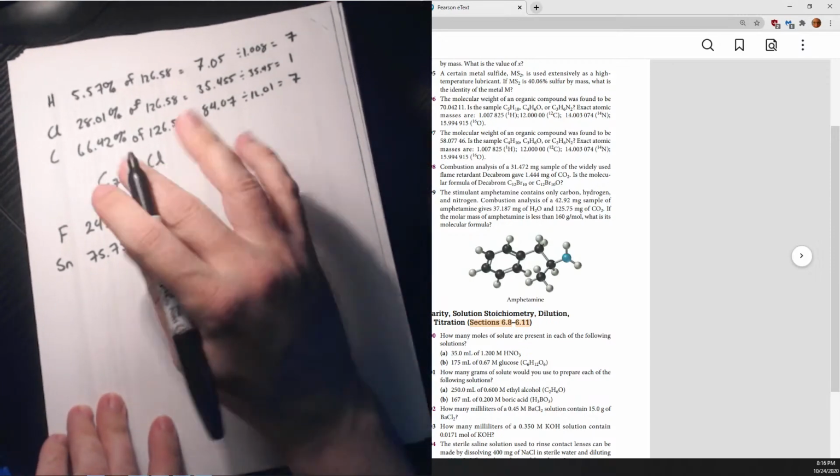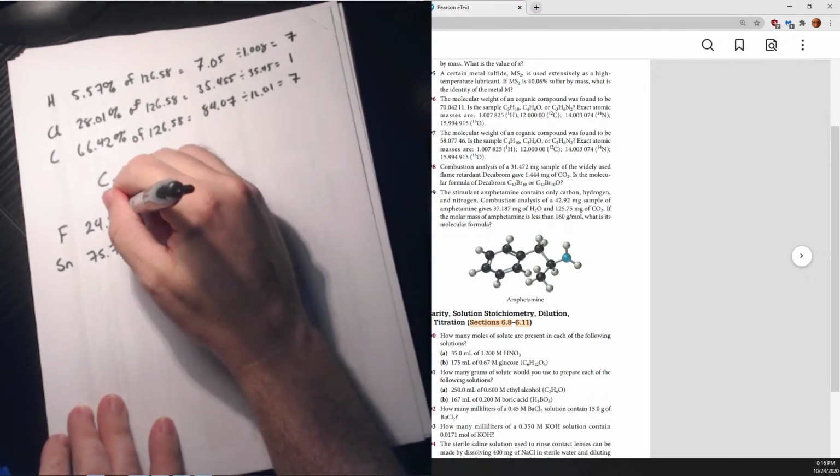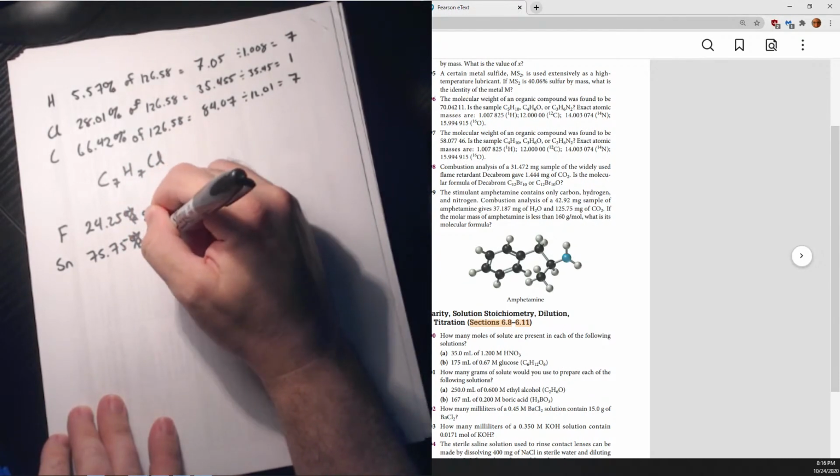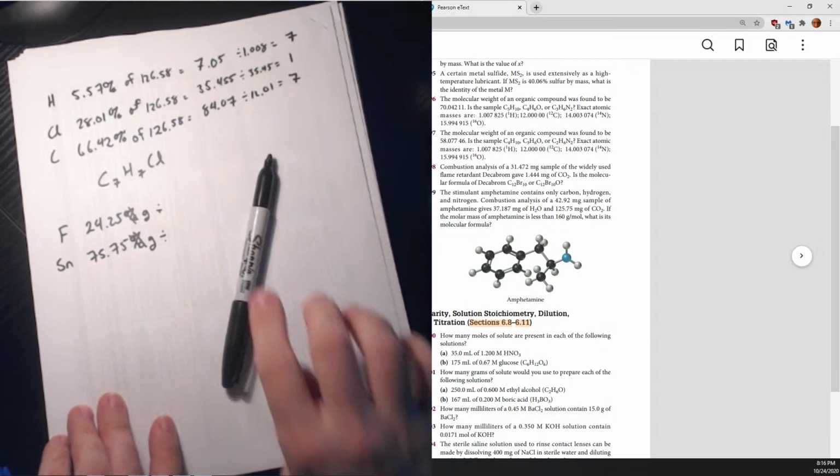In this case, they didn't give us the molecular weight, so we're just going to have to find the empirical formula. So we change from percentages to grams, and we divide by the atomic masses.